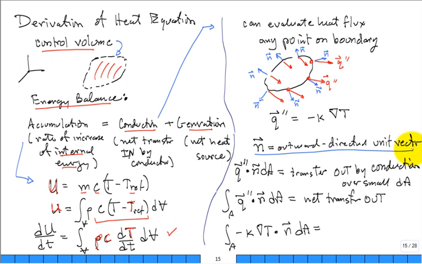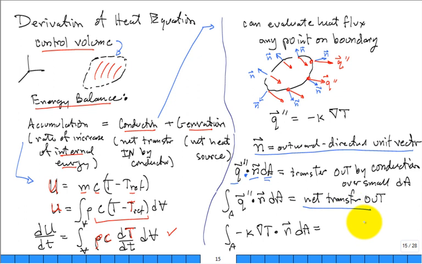So that's what that N is. So if it's outward directed, and the heat flux is flowing out of the control volume, I do a dot product of these two, multiplied by the little magnitude of the area right there, and now I know the rate at which it's flowing out. I then do the summation over all the chunks of area, and now I have the net transfer out.